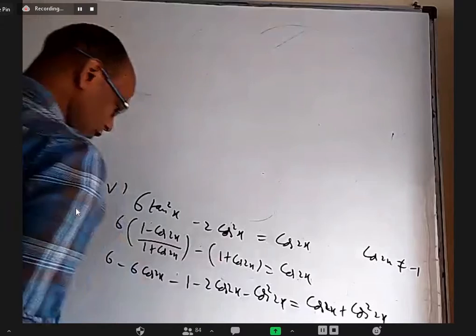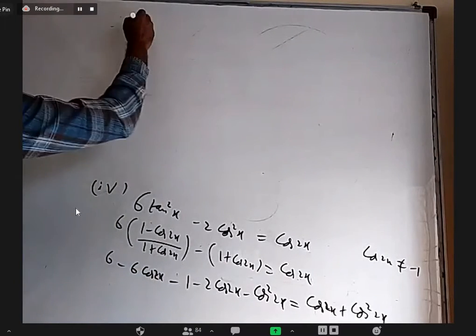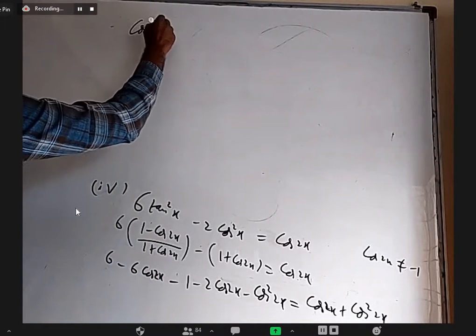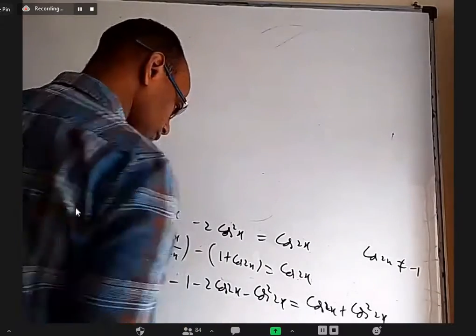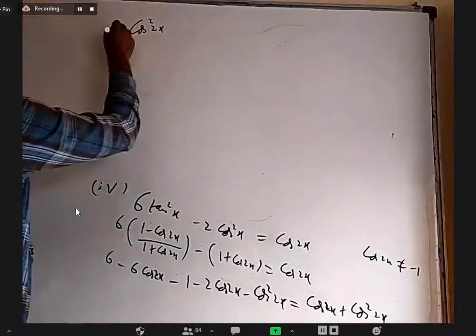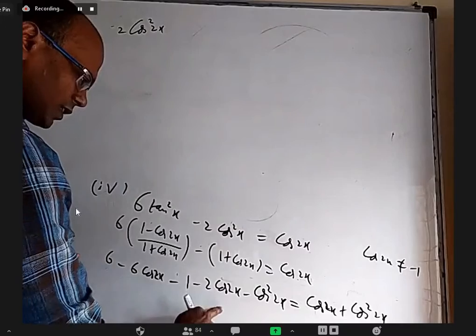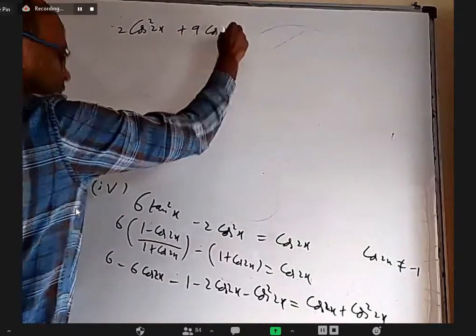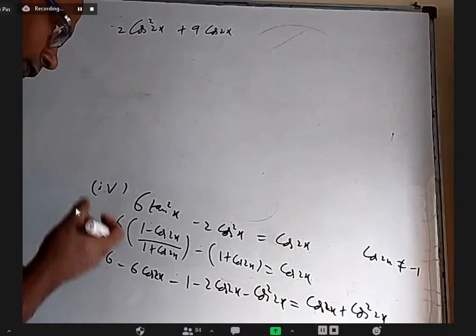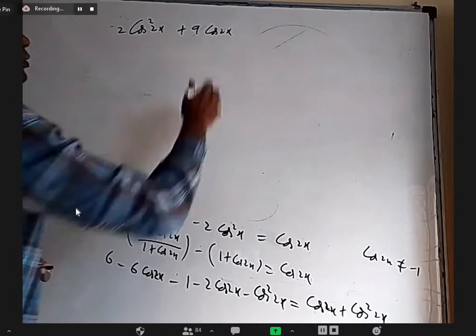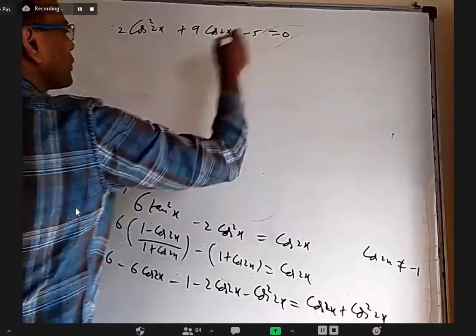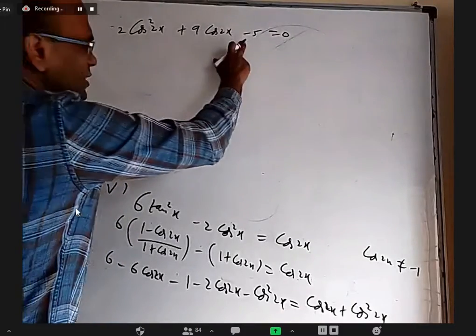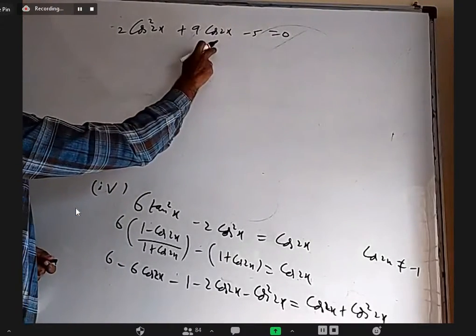Okay, when you send everything to the other side, we will get cos square 2x plus 2 cos square 2x, minus 8 plus 1, plus 9 cos 2x. This is 5, so minus 5 equal to 3. This is minus 10, so plus 10 minus 1.